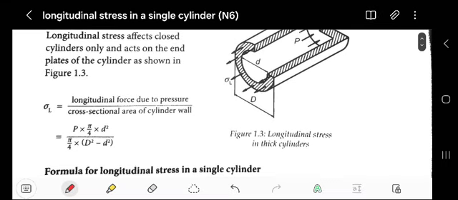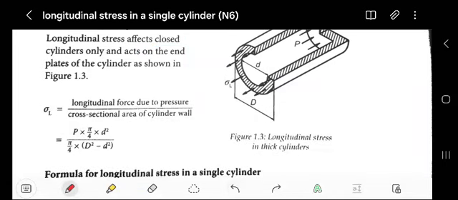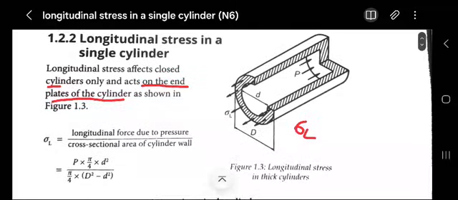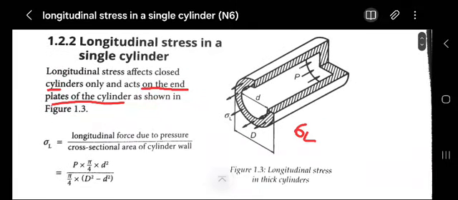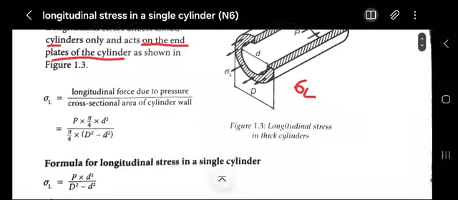Take a note, it affects closed cylinders only, not open, and acts on the end plate of the cylinder as shown. It's still a stress, but we call it longitudinal stress. Longitudinal stress is pulling the metal apart.